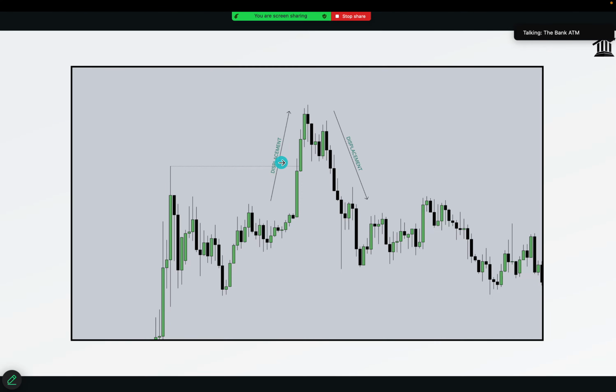If you're looking to trap people long, you would want to spend as little time as possible in that area, because as this is just ticking around, people here might get anxious. They might think, oh, let me get out of the trade. If it's quick up, quick down, and it gives that idea of, okay, these guys are trapped, and then they're getting yanked in the opposite direction.